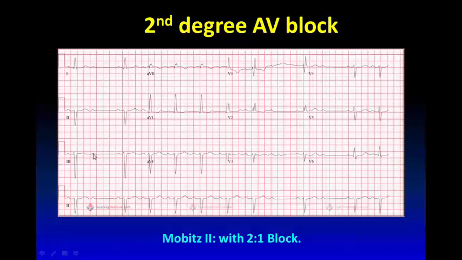In this lead also, this is a P, this is a P wave, this is a QRS complex, and this is T. So this 12 lead ECG then shows Mobitz type 2, second degree heart block with 2:1 block ratio.